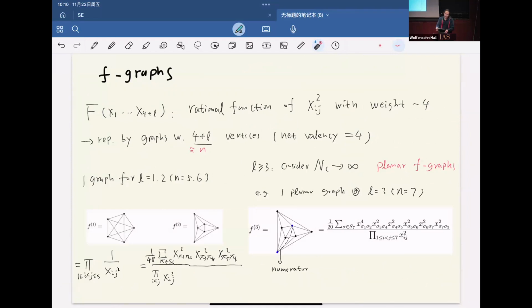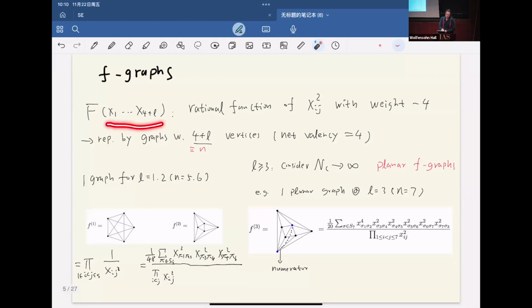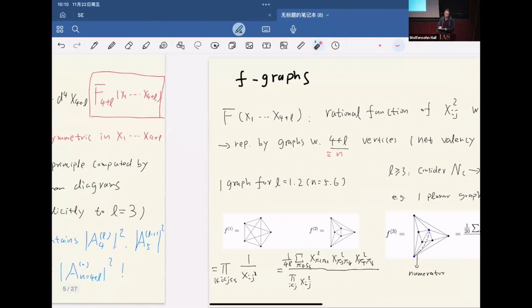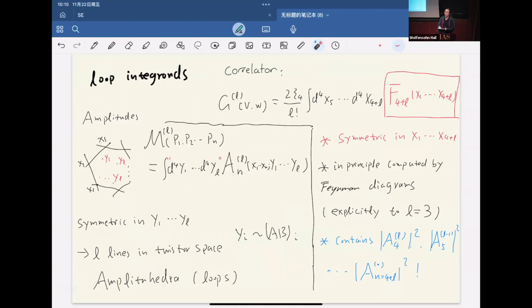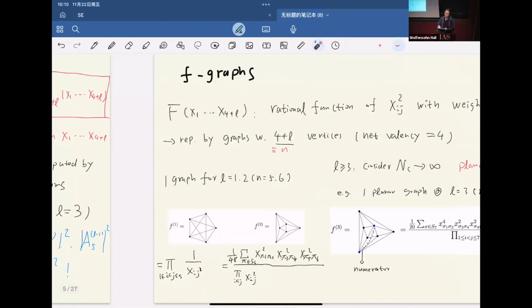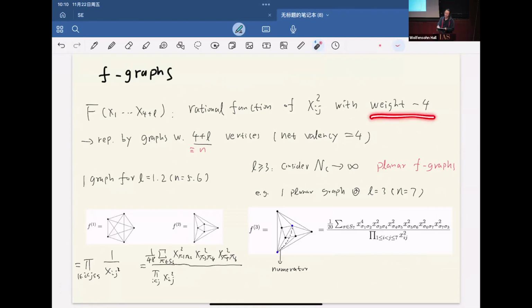We want to find a rational function of these 4 plus L points, symmetric in these 4 plus L points. And since there's a conformal symmetry, this function has weight minus 4 in every point, because you're integrating all this d^4 x. So for the whole thing to be conformally invariant, it has to have weight minus 4. This is very nicely represented by the so-called F-graphs.